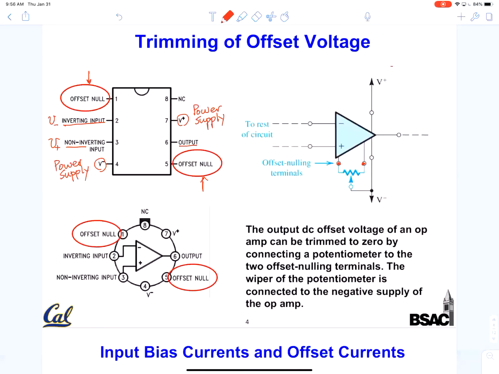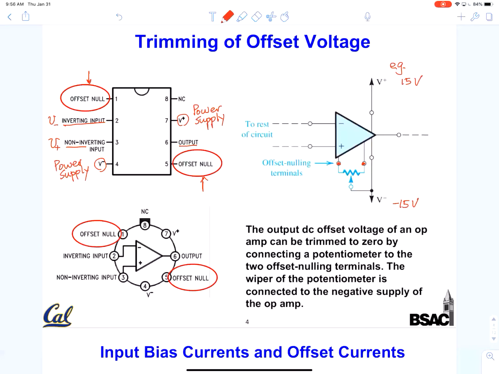For example, if you use a 15 volt supply, this will be 15 volts and this will be minus 15 volts. So you connect that to the middle terminal and you just physically tune. You short the input, and you take a screwdriver or hand, manually tune that until the output goes to 0.